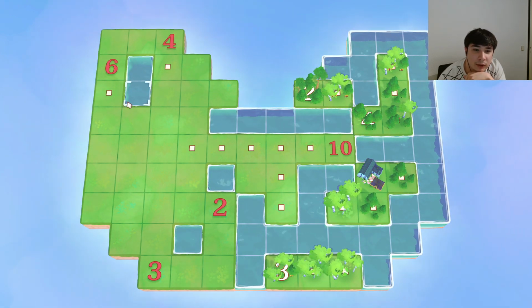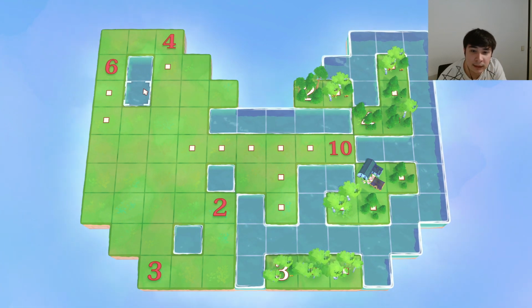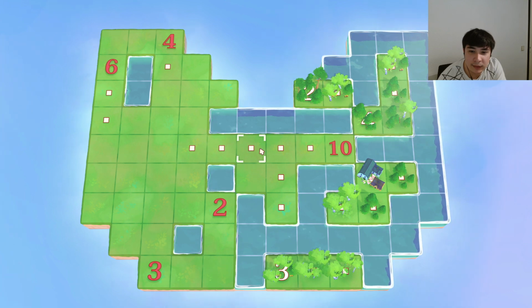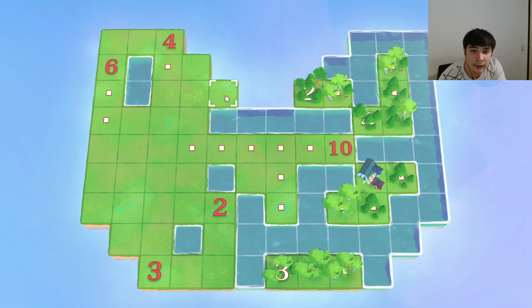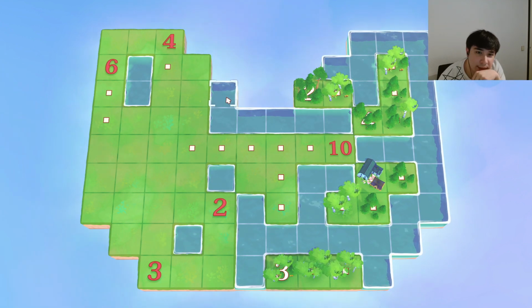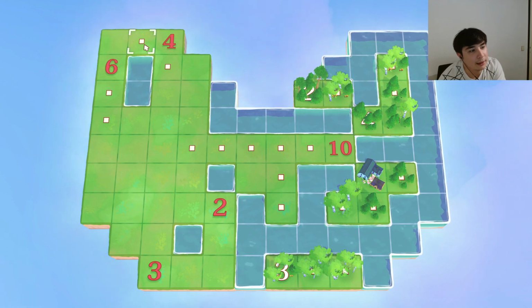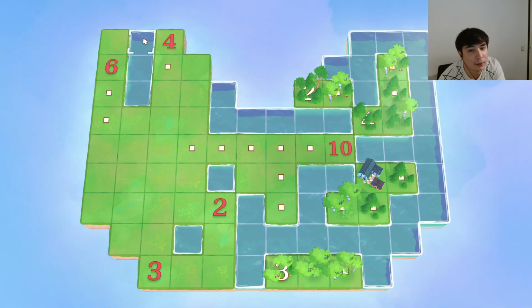So this water has to go down to connect to the rest. Now this 6, this 10 takes 2 more here. This cell here is unreachable. This cell here cannot be land, because if it is, this is water and it's separated, so this is water.